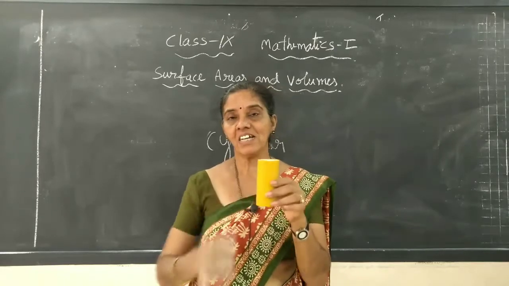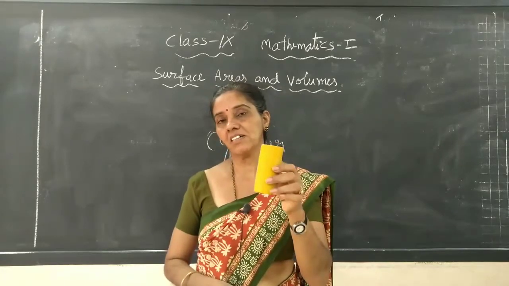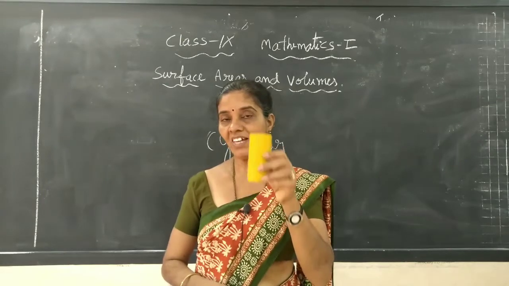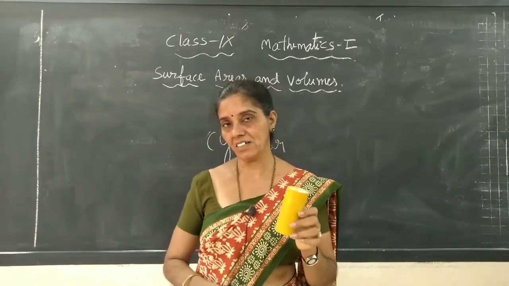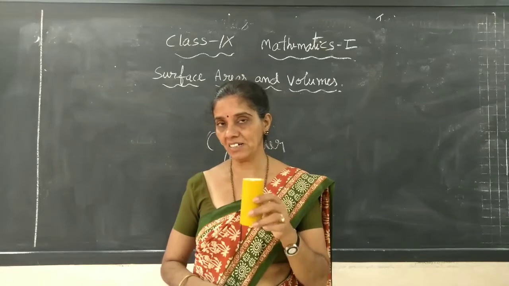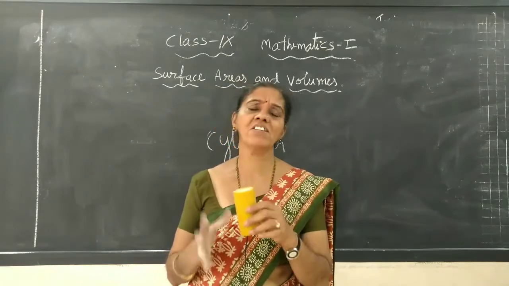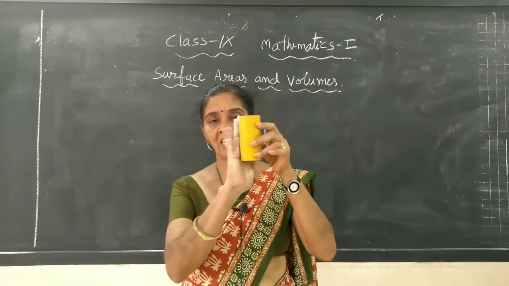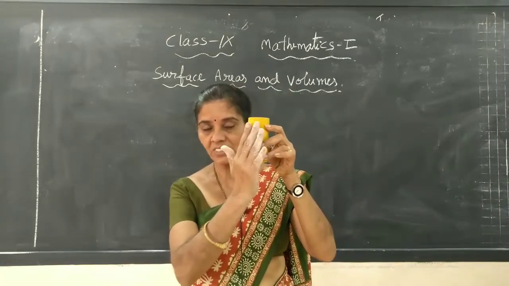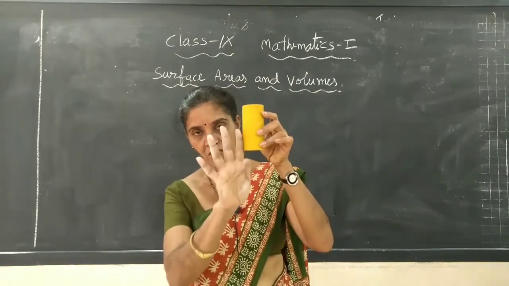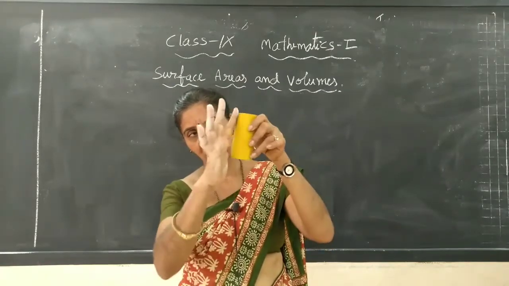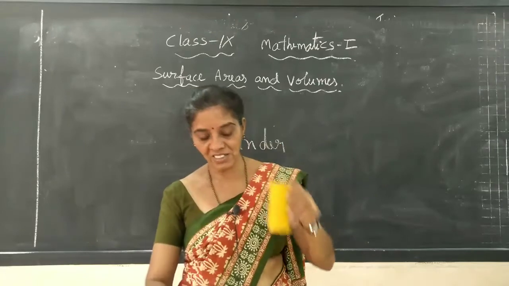Now, this is a right circular cylinder, or right cylinder. Why do I call it a right cylinder? Just as we say cylinder, in the sense that here the lateral surface, the curved surface, if you keep it here and see the base, this surface and the base make 90 degrees.